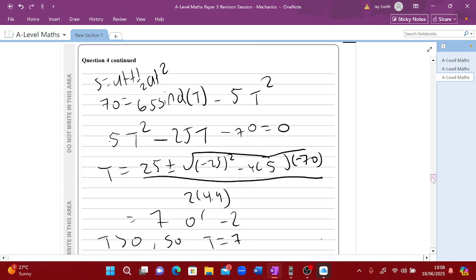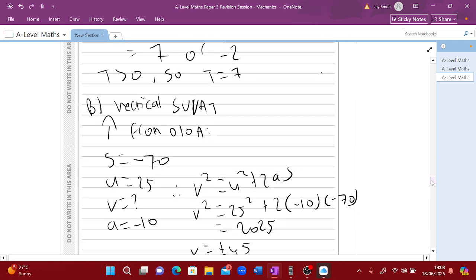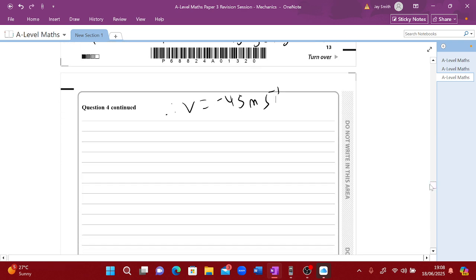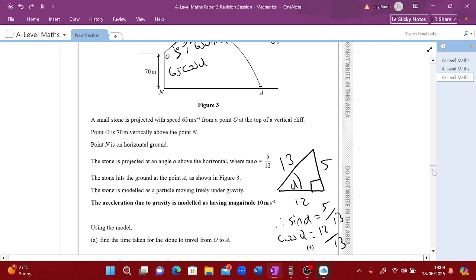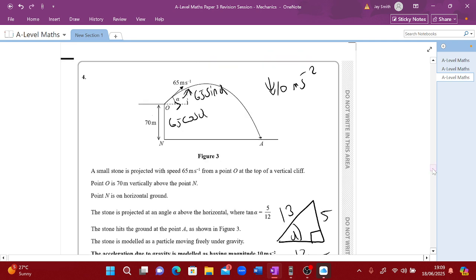Okay, so we found the velocity at B for the vertical. Now we need the horizontal speed. But we know the horizontal speed anyway. The horizontal speed is always constant because there's no acceleration in the horizontal direction.